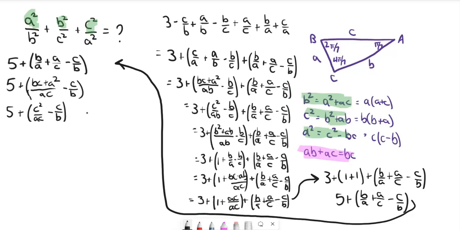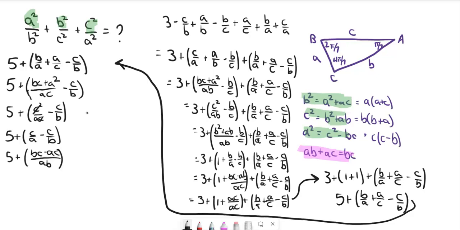And again, remember, a squared plus bc comes from the third identity that I have marked in green: a squared equals c squared minus bc. So what will happen is we can cancel a c off from here. So we'll get c over a minus c over b. Cross multiply, so we'll get bc minus ac all over ab.